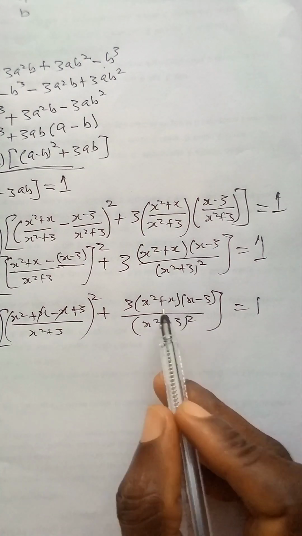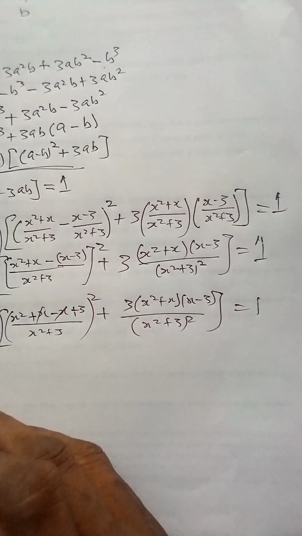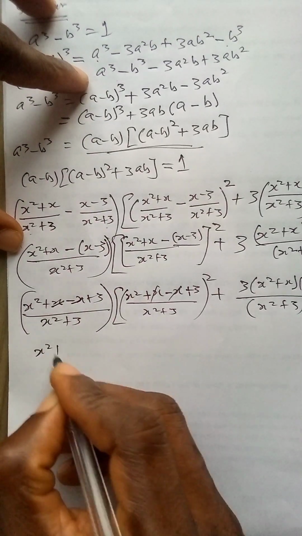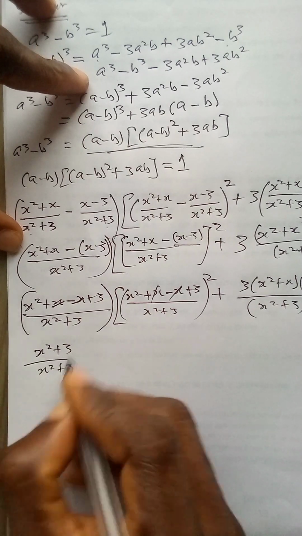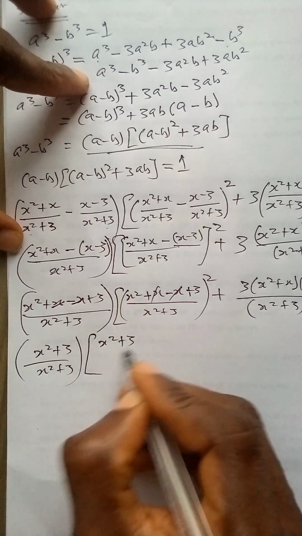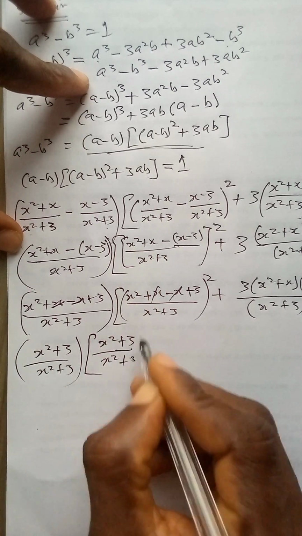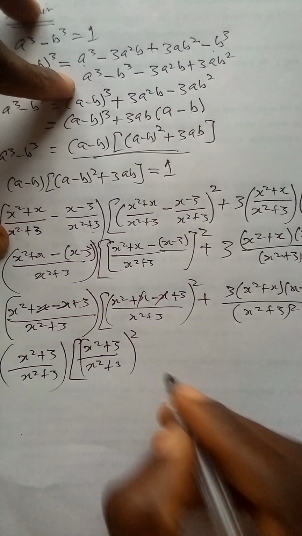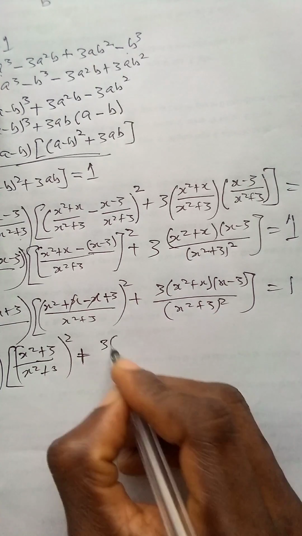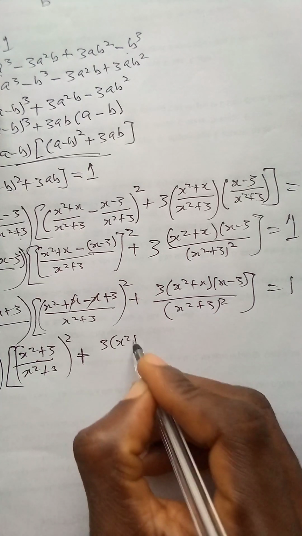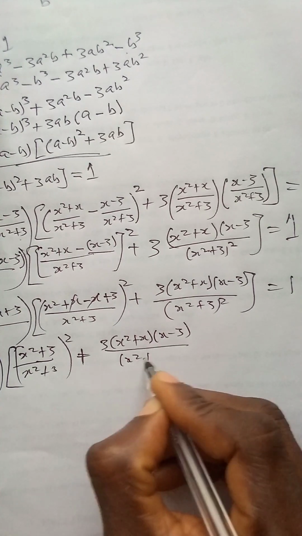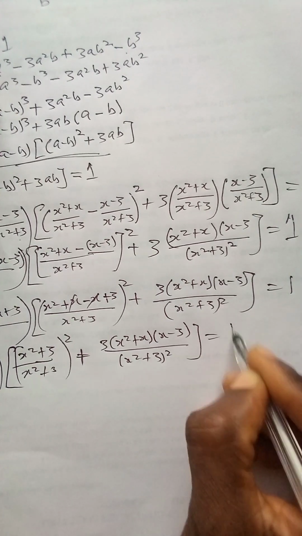We're going to leave this term the way it is and then simplify these other two terms. Now here becomes (x squared plus 3) over (x squared plus 3), which will give us 1. And then here is (x squared plus 3) over (x squared plus 3), which will give us 1 again. Then we'll square it plus, we'll leave this term the way it is. So I have 3 times (x squared plus x) and (x minus 3) all over (x squared plus 3) all squared is equal to 1.